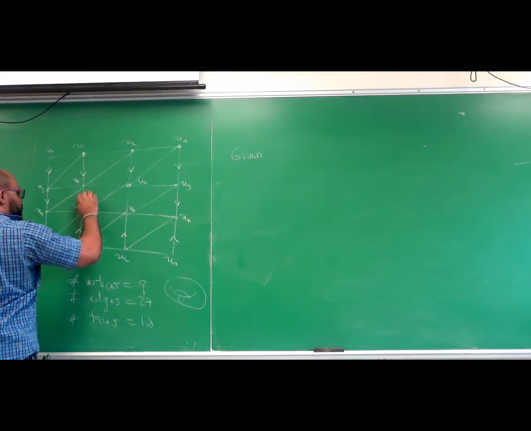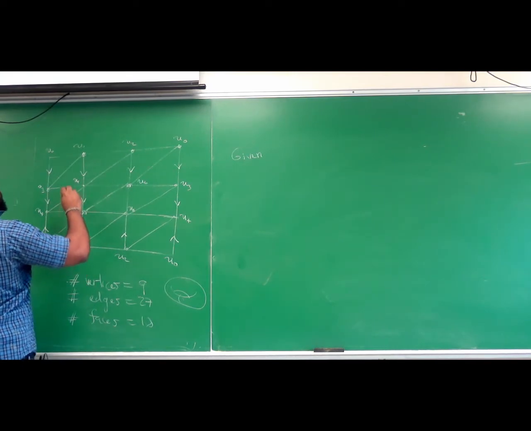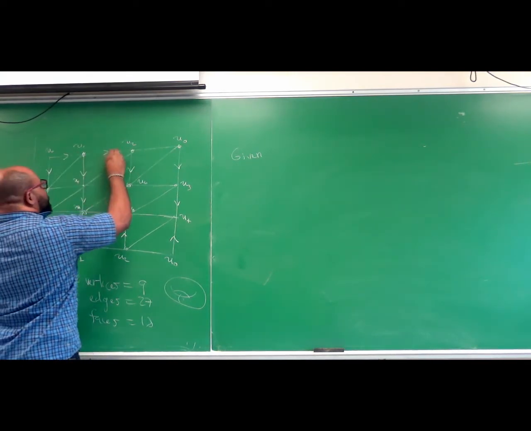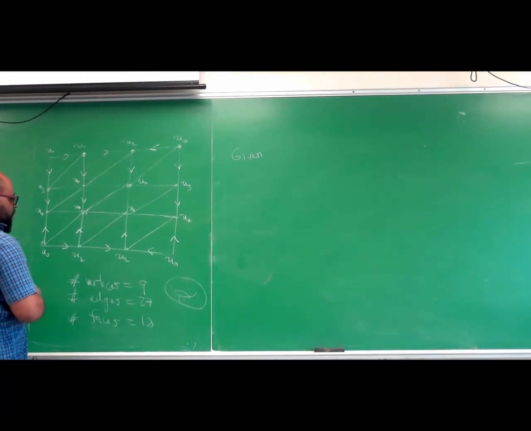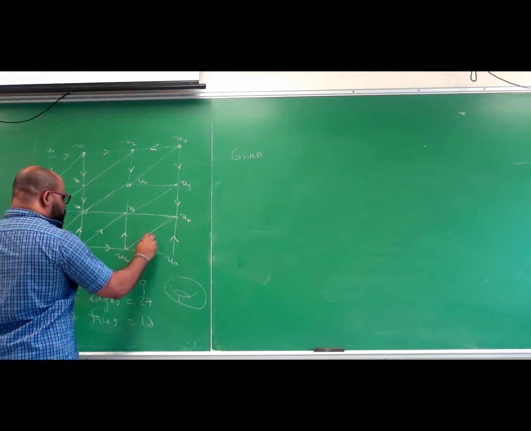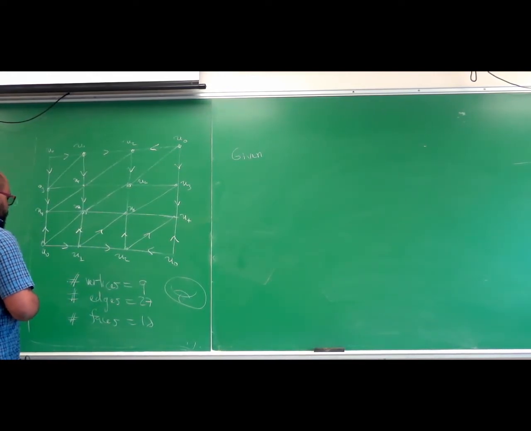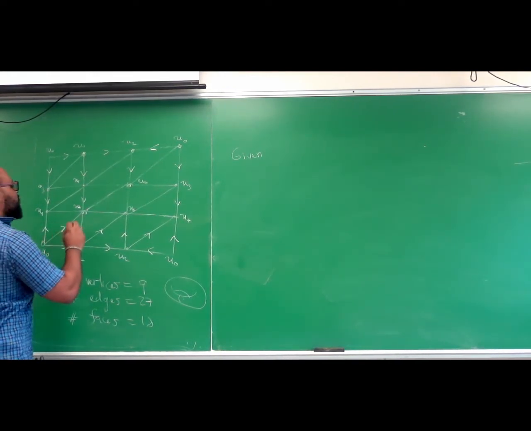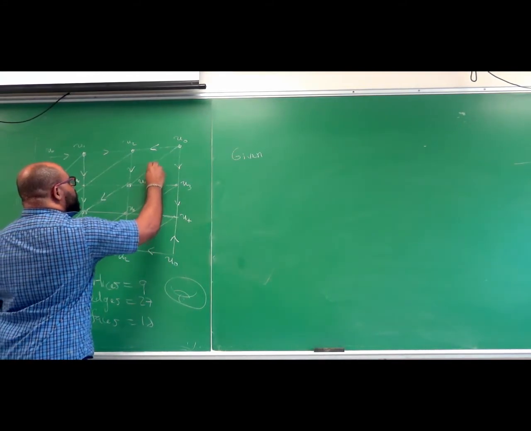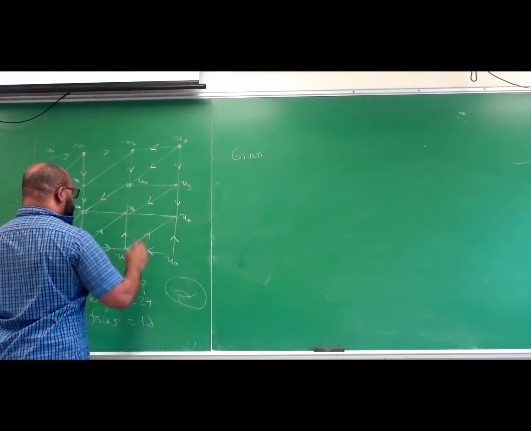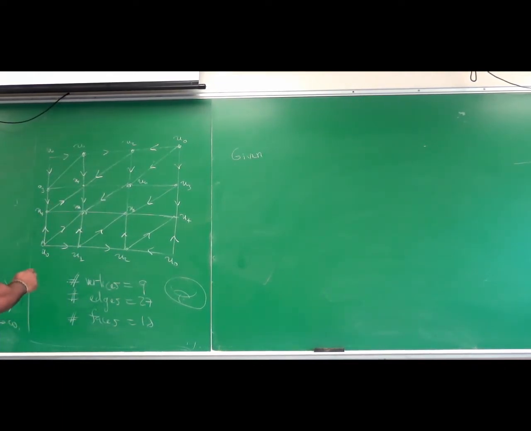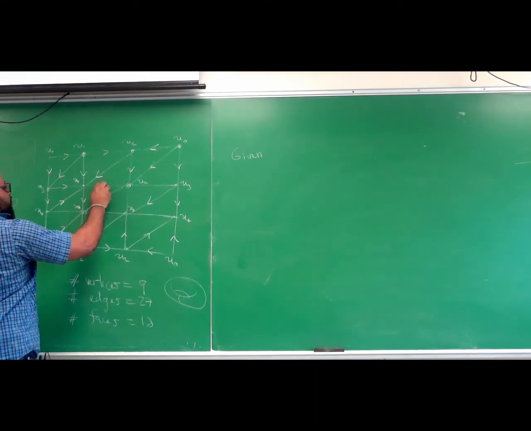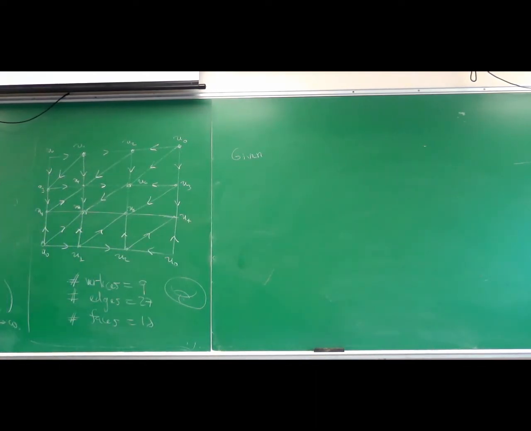All of these go down like this, and all of these go to the right, down, and then 1 to 8, 2 to 4, 0 to 7, 7 to 6, like that, 3 to 8, 2 to 5, 4 to 5, 1 to 3, 3 to 5, 5 to 6, 3 to 6.